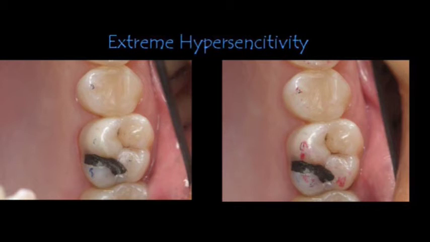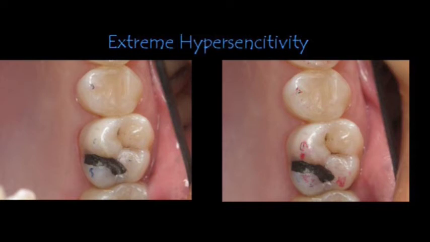If you look at the picture to the left, you will see that her centric stops seem to be normal. Everything seemed to be even on the centric stops. But when you look at the picture to the right, when we checked the lateral movements on the patient, we realized that this patient had lateral interferences.